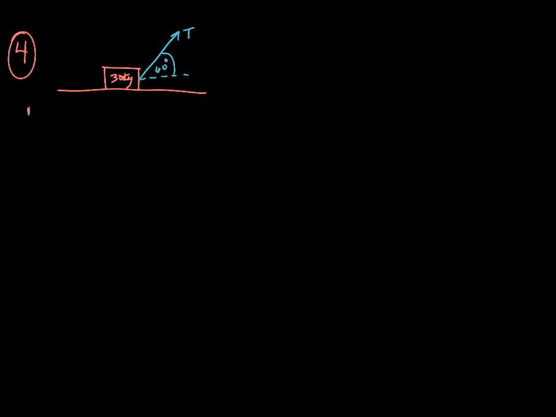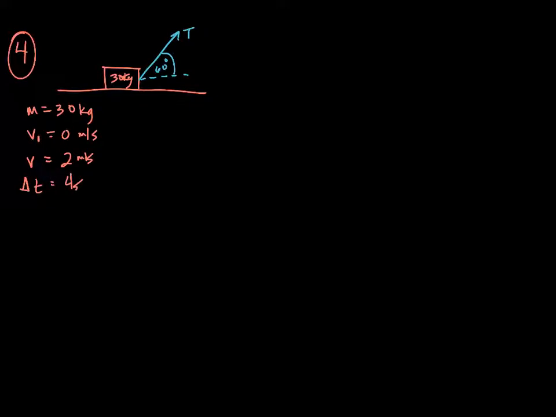And let's see, according to the problem, the mass of the system we're concerned with is 30. Initial speed is 0. Final speed 2 meters per second. The time that it takes to do that is 4 seconds.